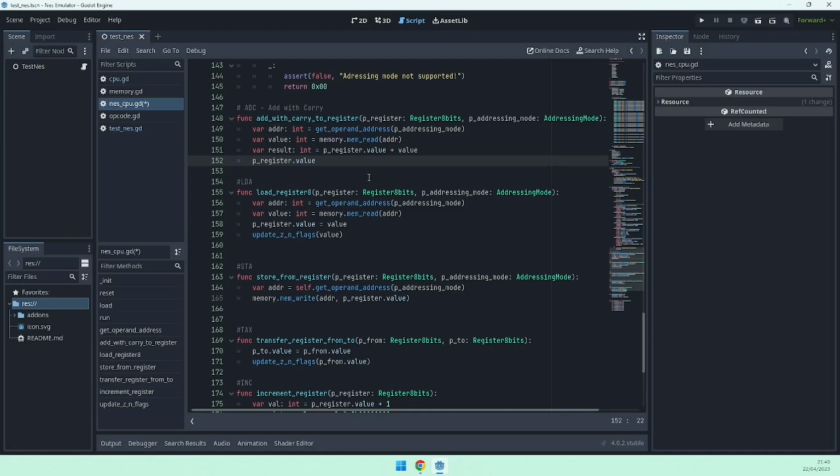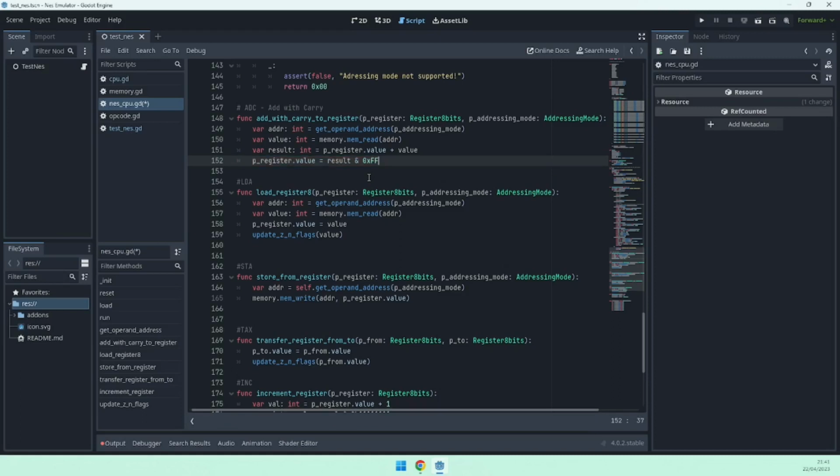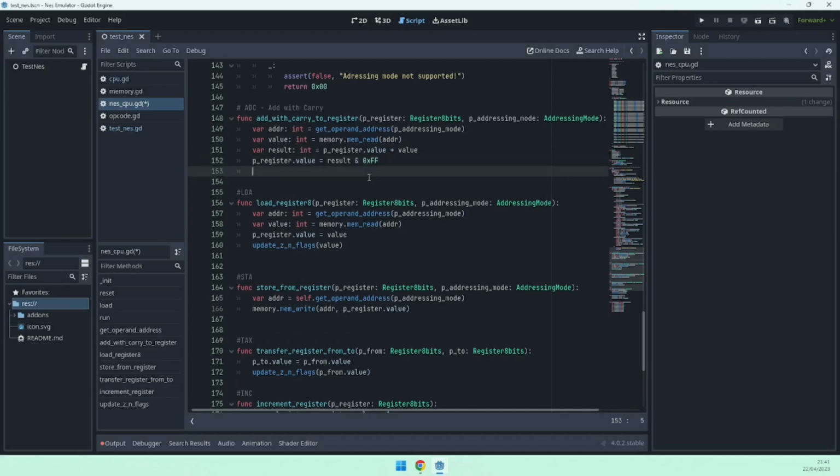It is going to be result and 0xFF. If I am not mistaken, this is an 8-bit register, so this works, right? So we can update the zero and negative flags using this function, using the result.